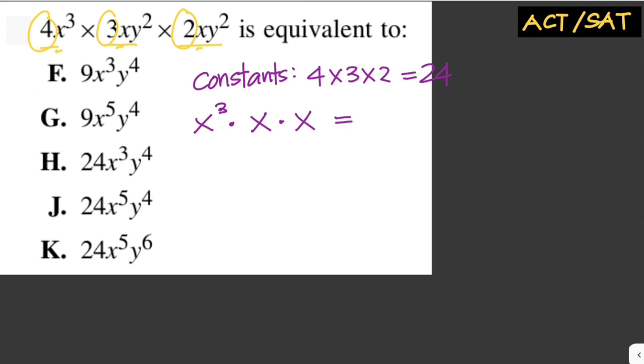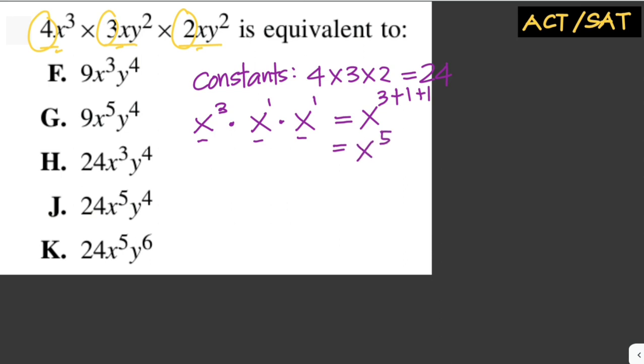Okay, by the law of exponents, we can just add the exponents here for terms of the same base. So we have x as our base here, so this would become x to the power 3 plus 1 plus 1, because the exponent of the two x's here is just equal to 1. So this is just equal to x to the fifth.